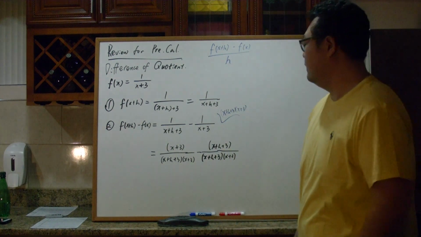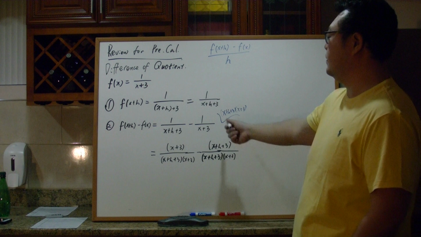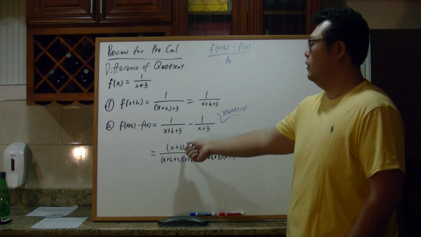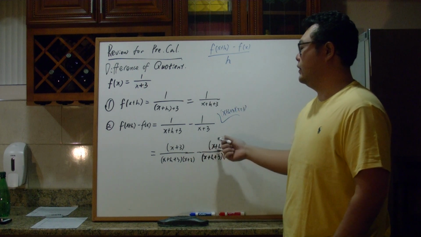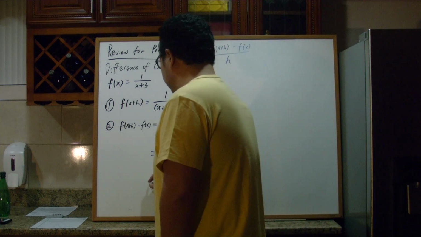And that's what we have for the same denominator of x plus h plus 3 times x plus 3. Our first numerator is x plus 3, the second is x plus h plus 3. Then we do the difference.